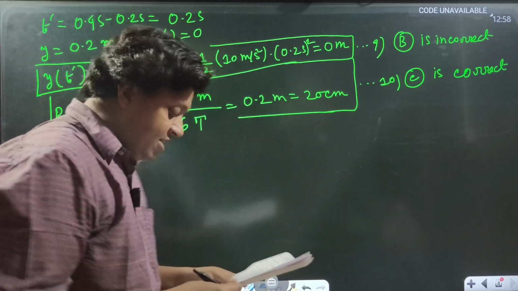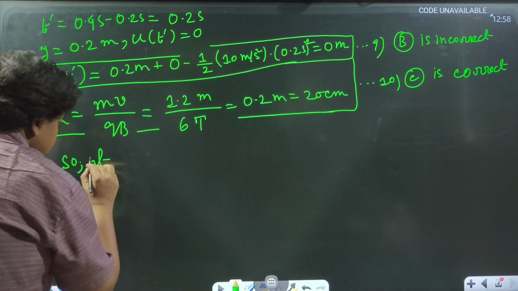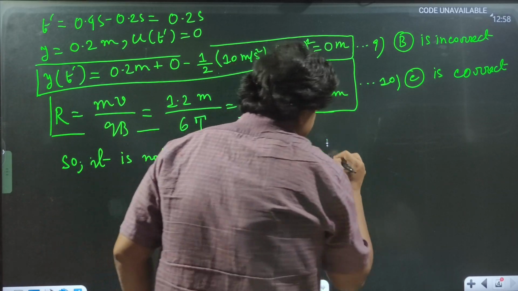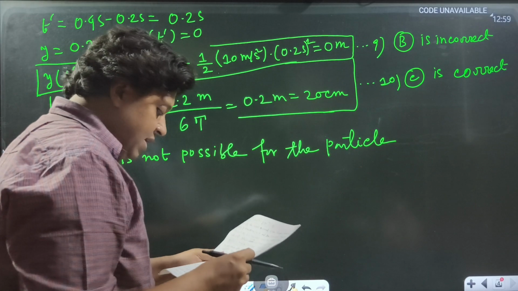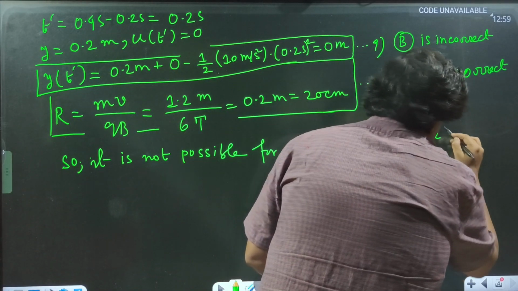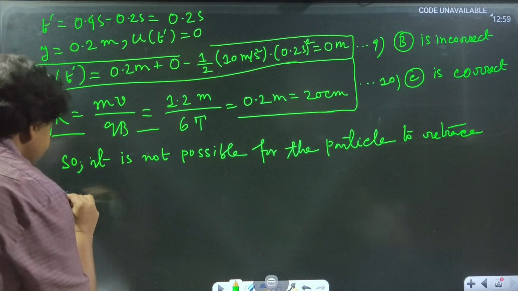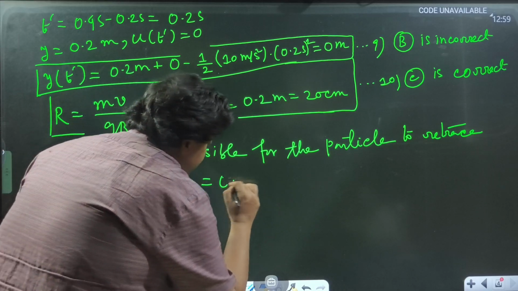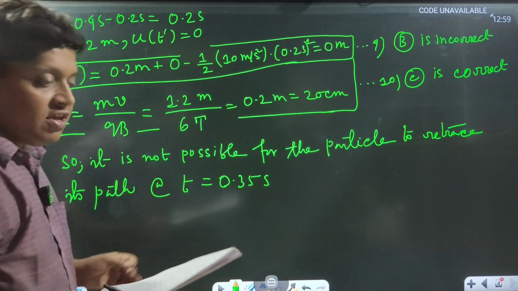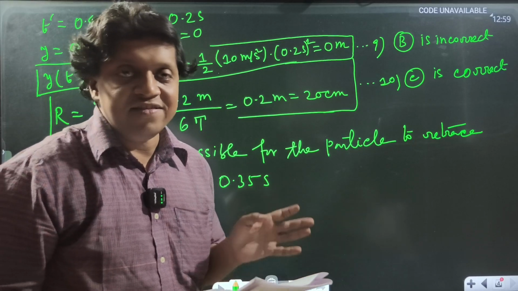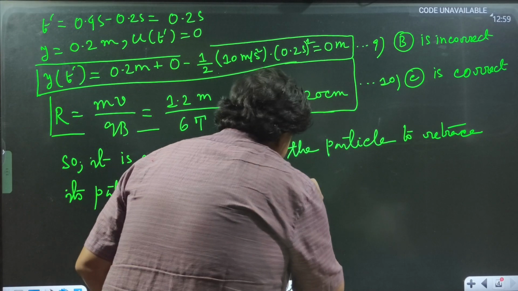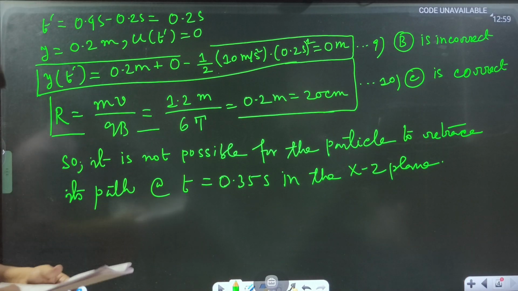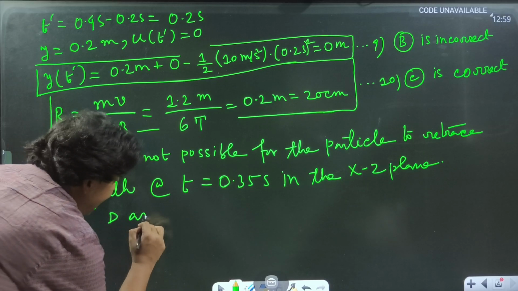So it is not possible for the particle to retrace its path in the xz plane at t equal to 0.35 second, which lies in between 0.3 second and 0.4 second. No mathematical calculation, this simple conceptual thought renders option D as incorrect.